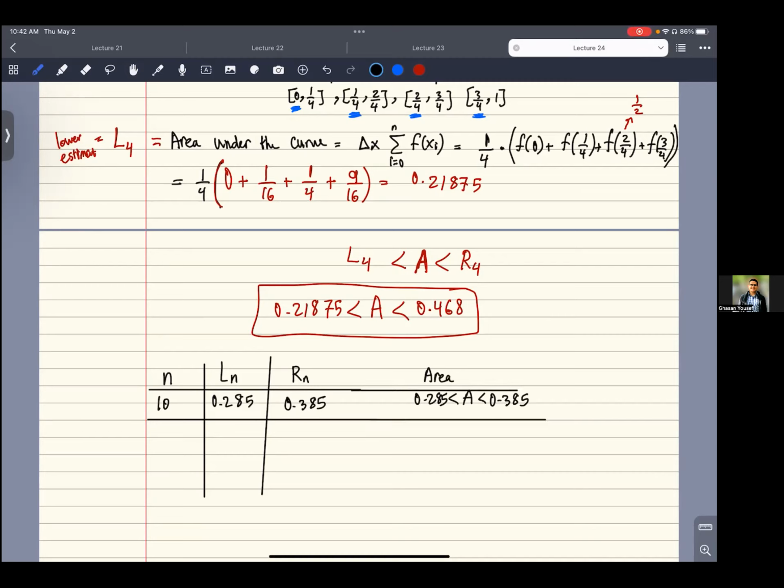It's more accurate than these when n equals 4. Look, we're getting closer and closer to the correct area as n becomes larger and larger.